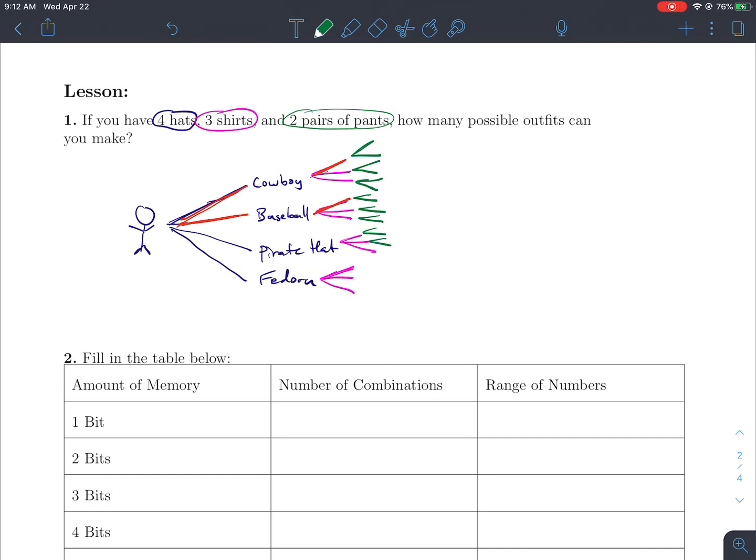So we can actually create a lot of outfits using just a few articles of clothing, as long as we don't care about those things matching. So let's count how many outfits we were able to make.